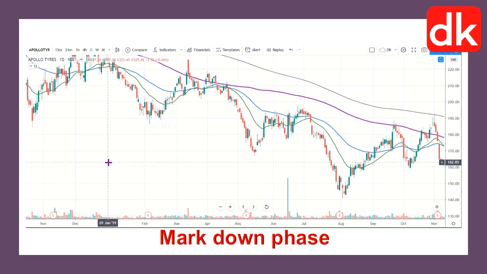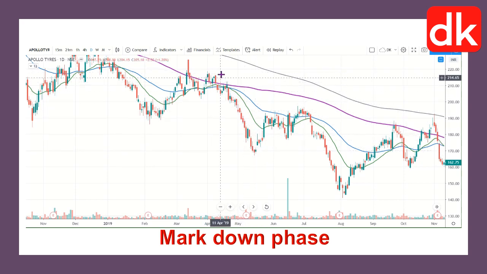So friends, let us now look at the chart, where the stock is in a downtrending phase, that is a markdown phase. Here the price is making lower highs and lower lows kind of formation. We can see all the critical moving averages are sloping down, and say for example, this is the impulsive wave which got formed on the price chart.